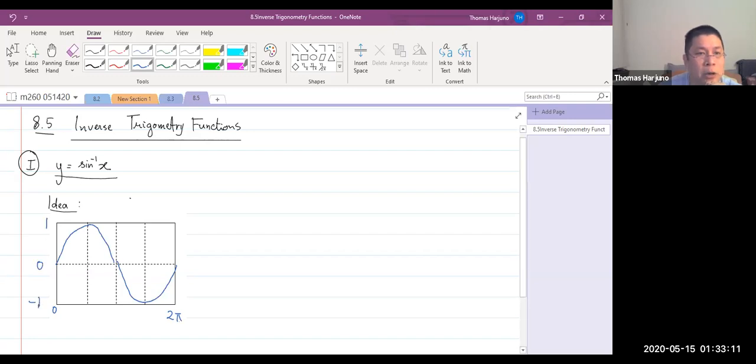Okay, now the restriction will be done from negative pi over 2 to pi over 2. I'll restrict that here. Okay, let me redraw it. Let me put it here.